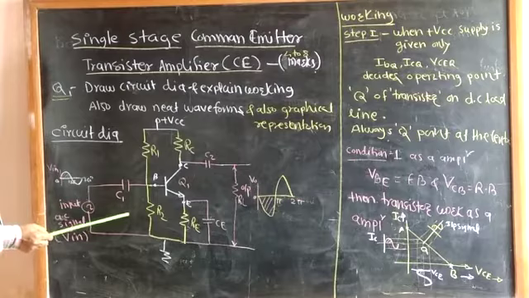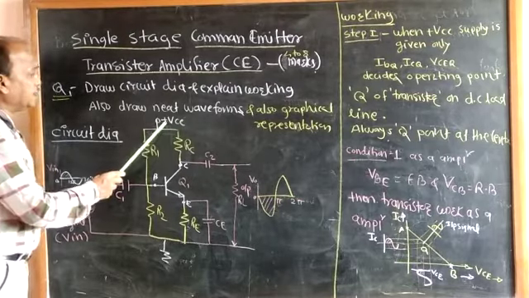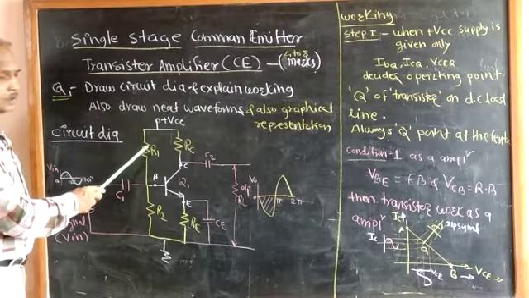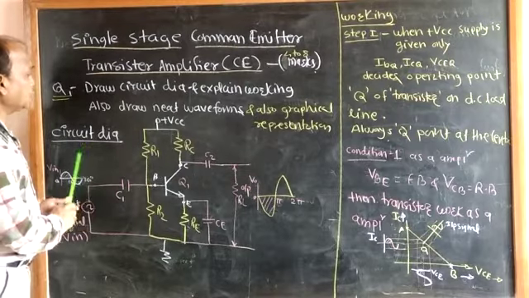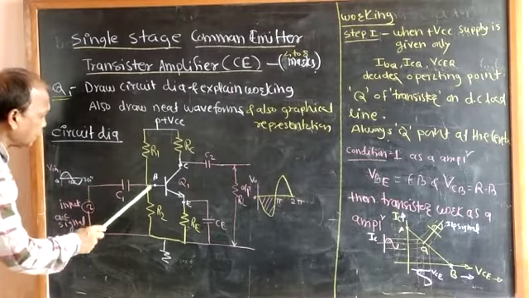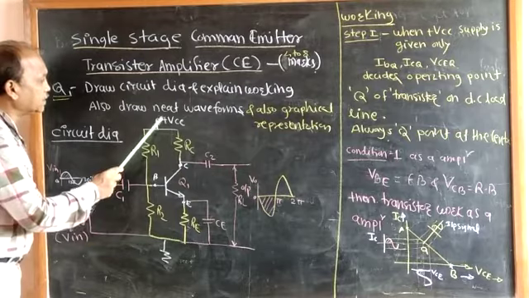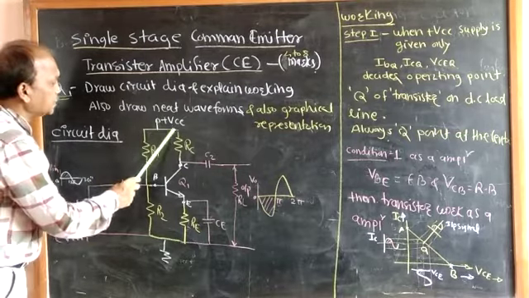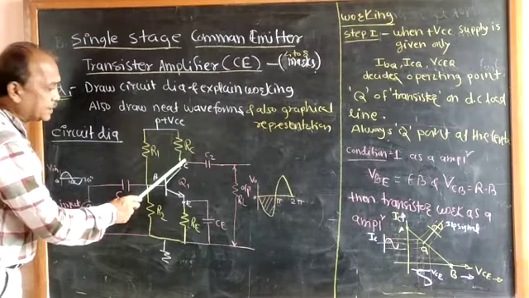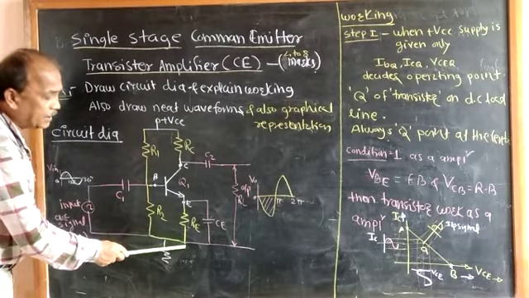Then what happens? Due to this DC supply VCC, DC current starts flowing through the circuit. DC current flows through resistors R1, R2 and ground. Similarly, DC current flows from plus VCC, through the RC resistor, collector terminal, emitter terminal, resistor RE and ground.